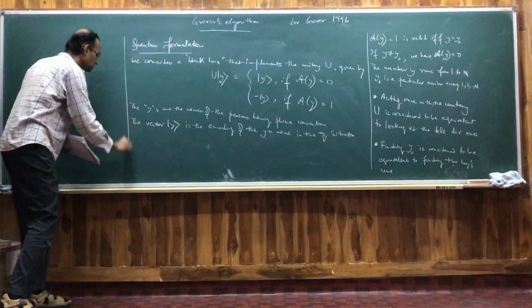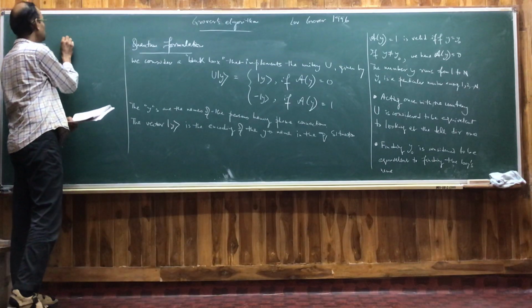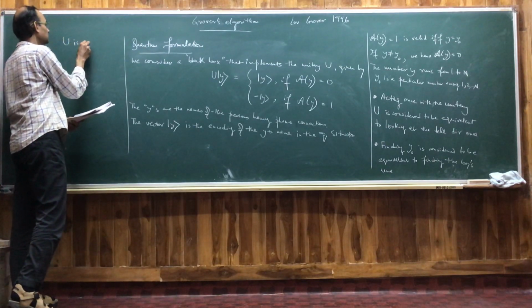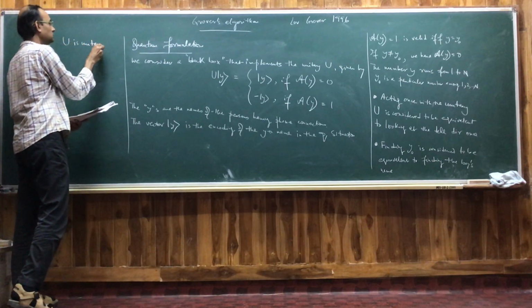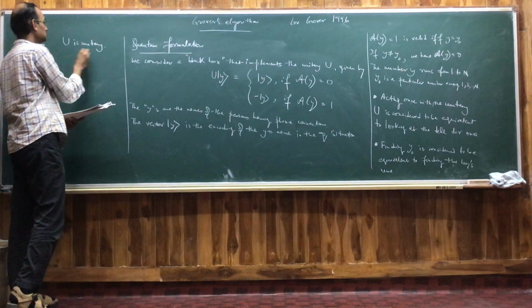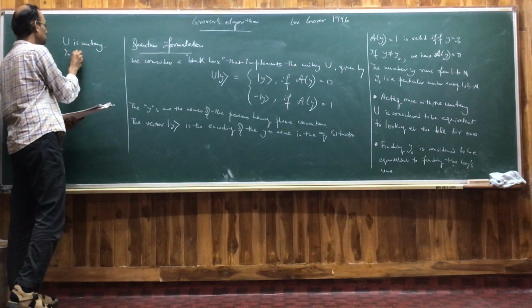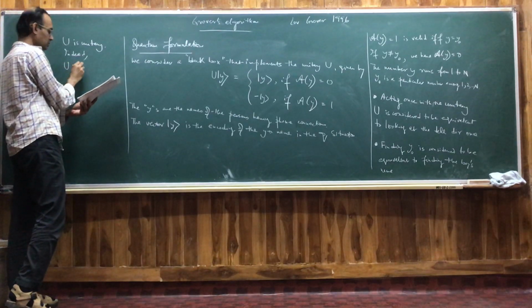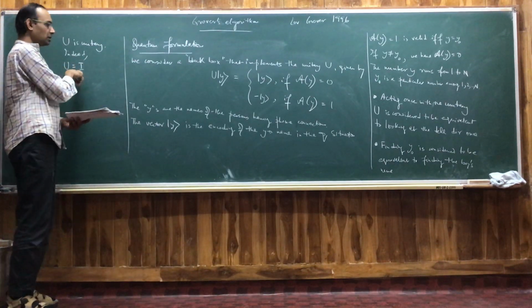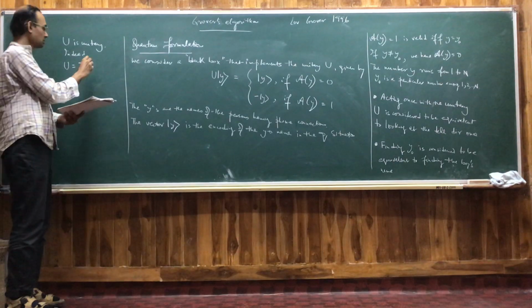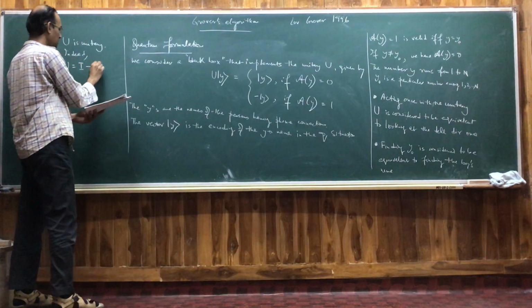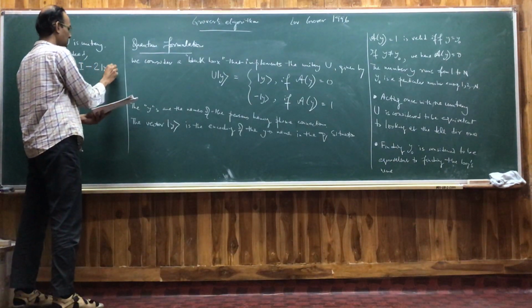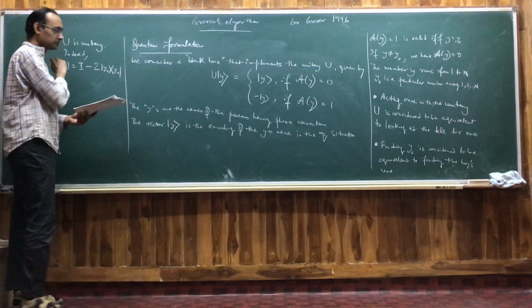So, as I said, this U is unitary. Indeed, you can check that this U is the identity operator in the Y basis minus twice Y naught Y naught.